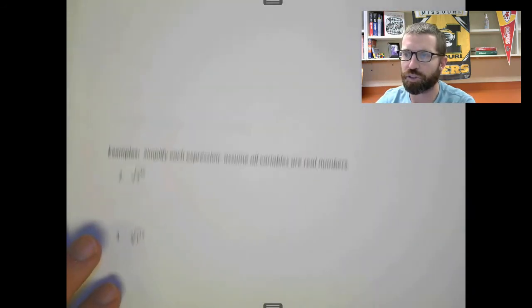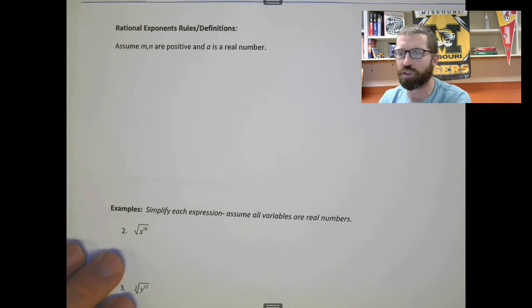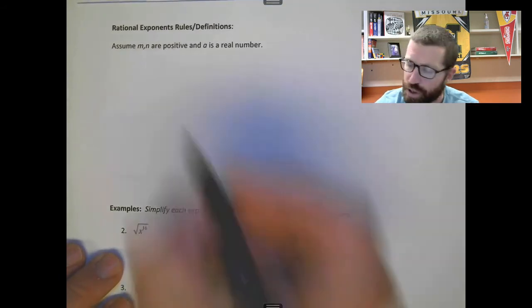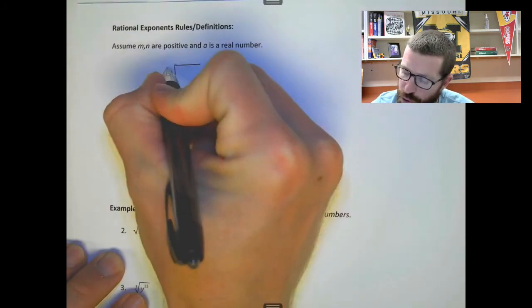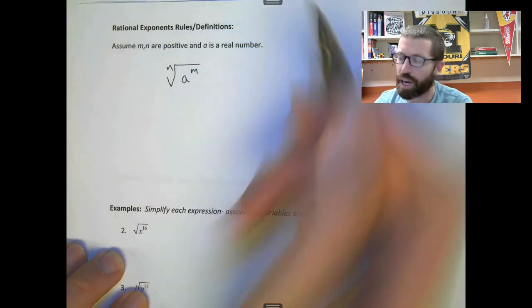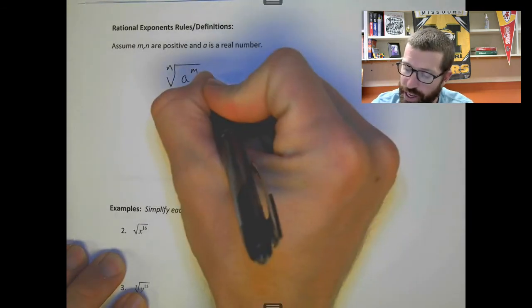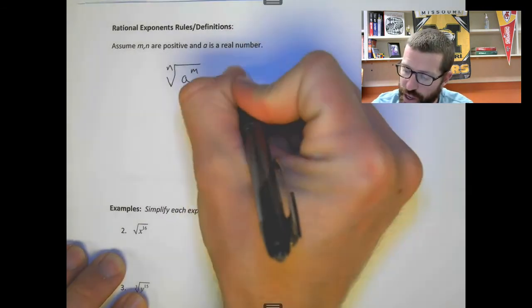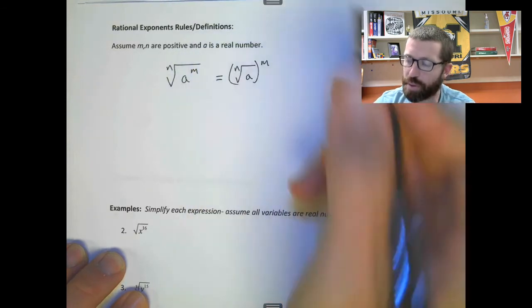Okay, let's define quickly some rational exponents and rules and definitions. If I have the nth root of a to the m power, I can rewrite this as a couple different things. I can rewrite it as the nth root of a and then to the mth power.